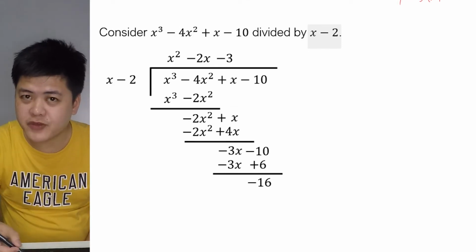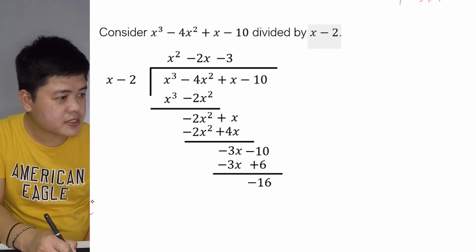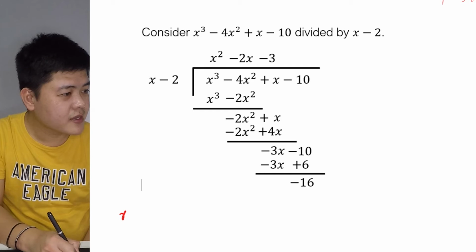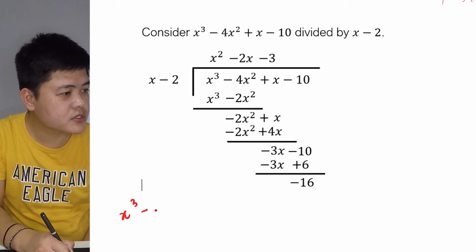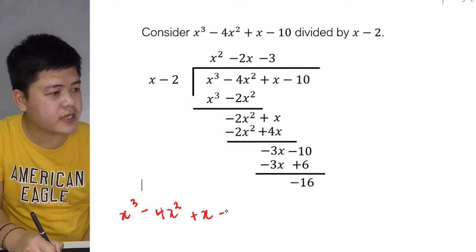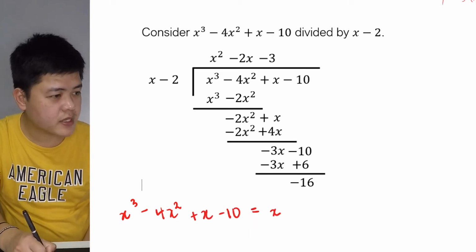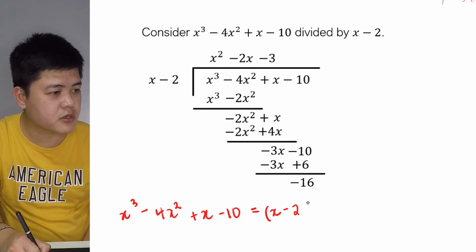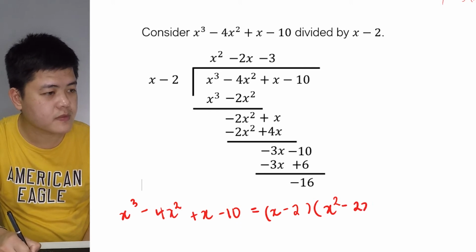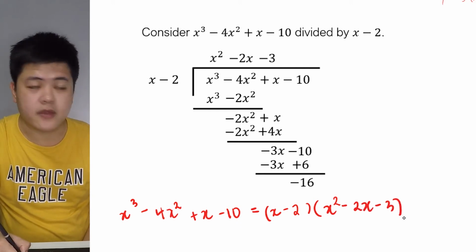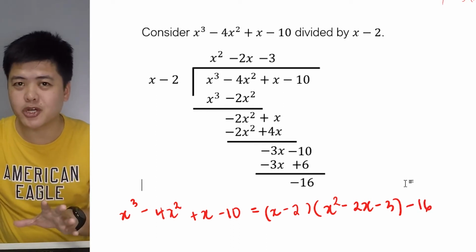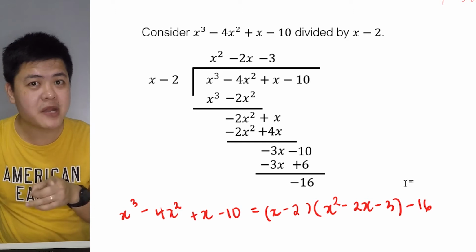So, according to the division algorithm, we can express x cubed minus 4x squared plus x minus 10 as equivalent to the divisor, which is x minus 2, times the quotient, which is x squared minus 2x minus 3, and the remainder of minus 16. Okay, so that's it. Let's use this division algorithm to prove the remainder and factor theorem.